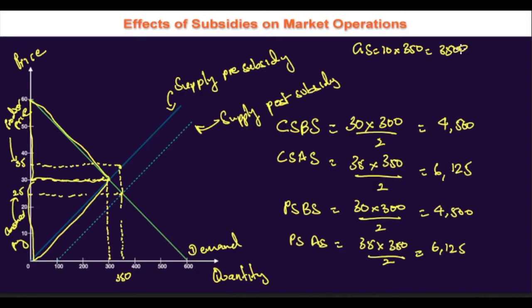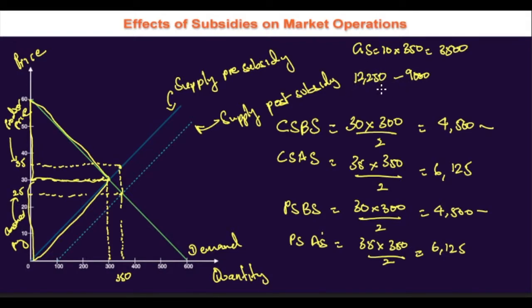And what is the deadweight loss? How do we calculate it? The consumer surplus plus producer surplus before subsidy would be 4,500 plus 4,500, which is 9,000. After subsidy it would be 6,125 plus 6,125, which gives 12,250.